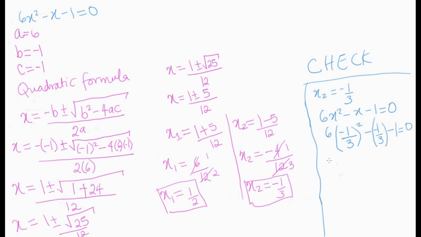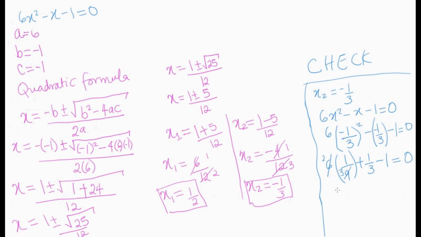So 6 times negative 1 squared, which is 1, over 3 squared, which is 9, minus, now we see minus here and minus here, the two negatives neutralize and it becomes positive. So basically positive 1 over 3 minus 1 equals 0. So 3 goes into 6 two times, 3 goes into 3 once.